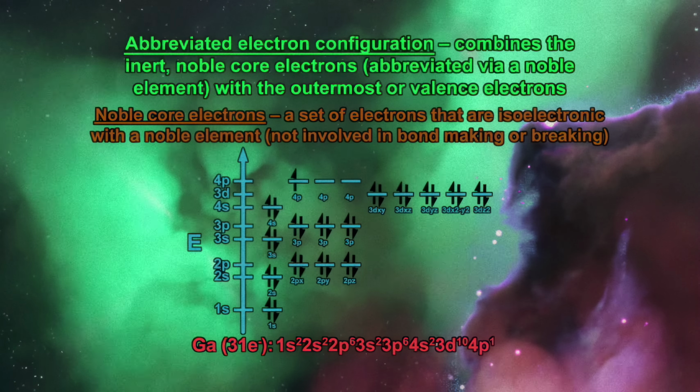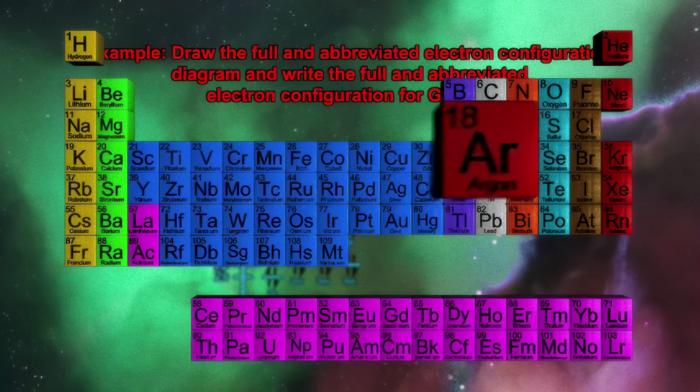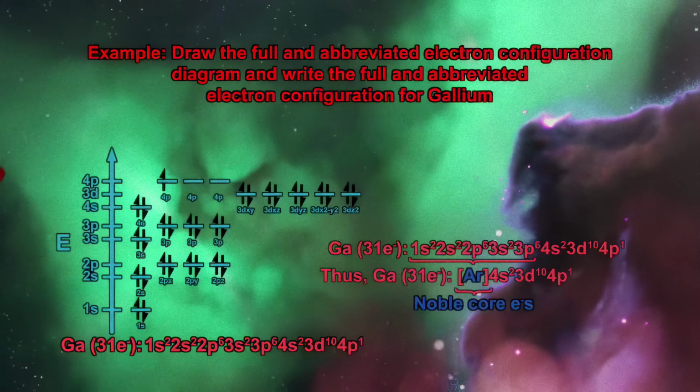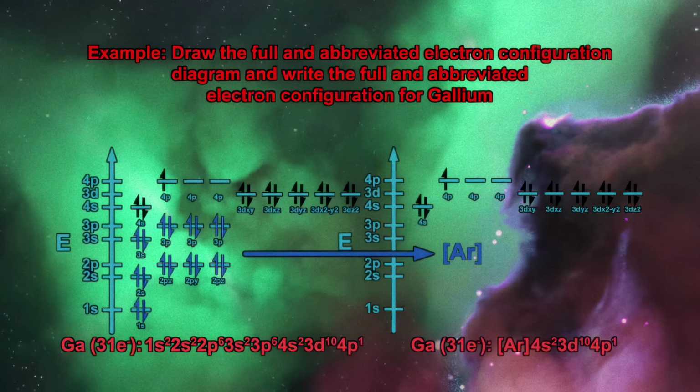Argon has 18 electrons. Thus, we can abbreviate the first 18 electrons of gallium as the element argon. These 18 electrons begin at the 1s and end at the 3p orbital and are represented by the noble element argon in brackets. Clearly, the abbreviated diagram is much easier to draw than the full electron configuration diagram.